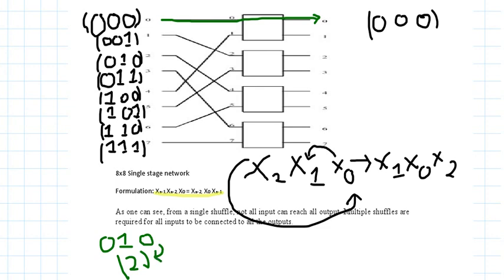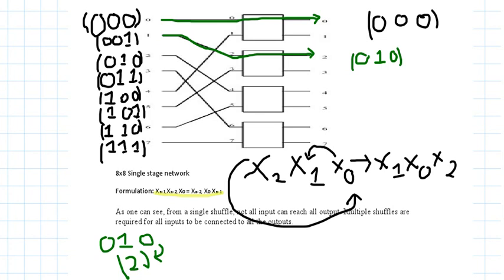You can see in the diagram that the processor whose address is 1, or 001 in binary format, has been connected with the processor whose address is 2, or 0, 1, 0 in binary format.